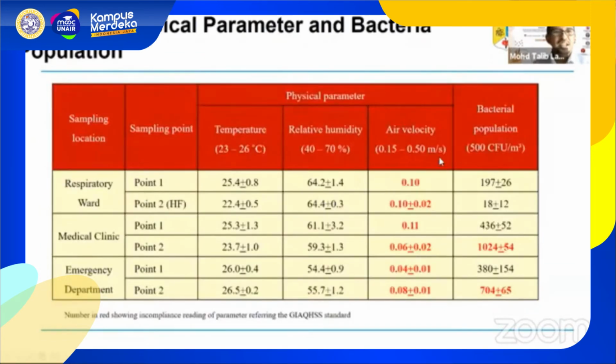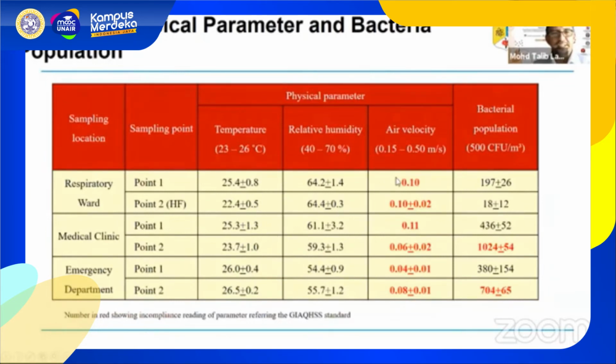I just want to go back to my previous study with my student and also microbiologists from our faculty, which shows the air velocity. This study is about macro.